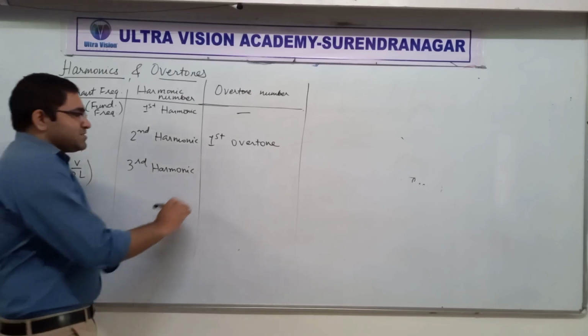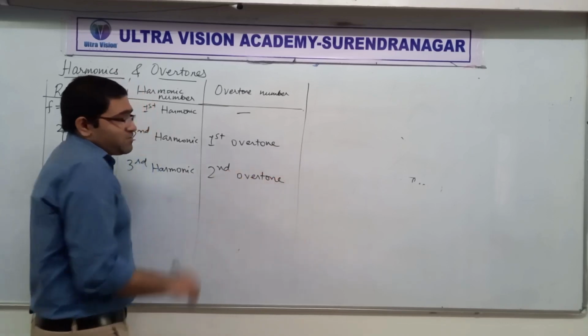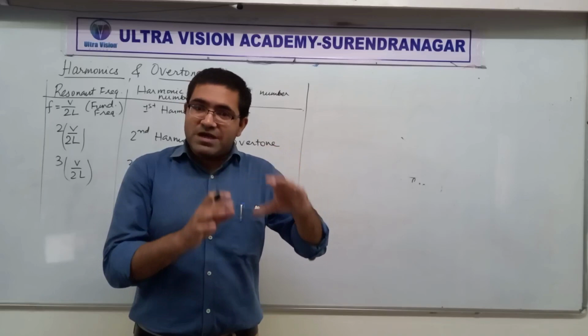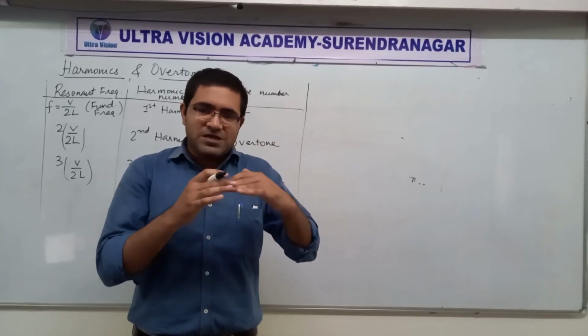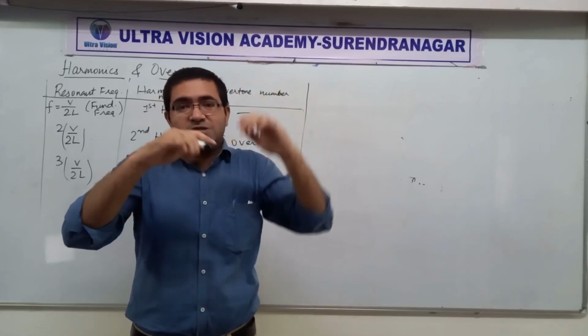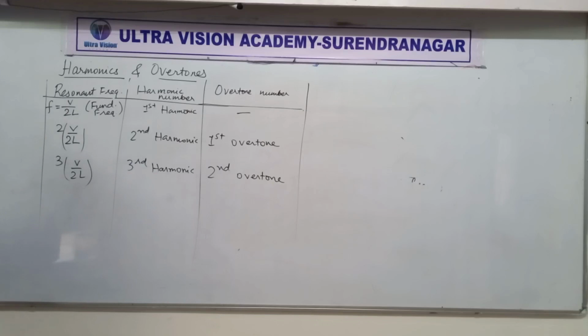And this is called second overtone, not third overtone. Again, why second overtone? Simple idea. Fundamental frequency is the basic or the smallest resonant frequency. Above that 2V by 2L and above that 3V by 2L. So this is the second higher frequency.